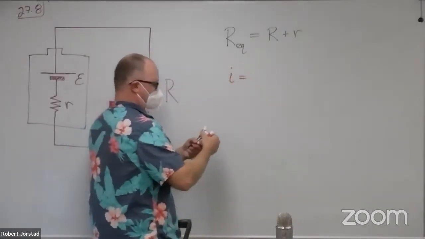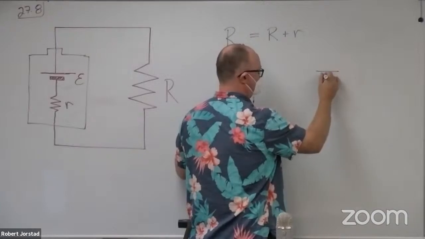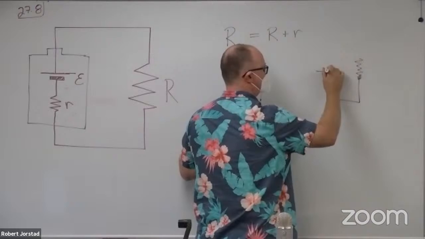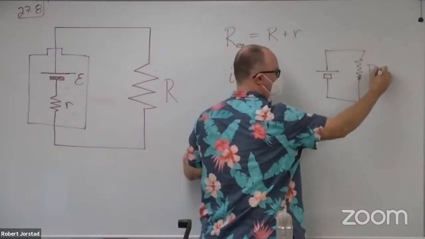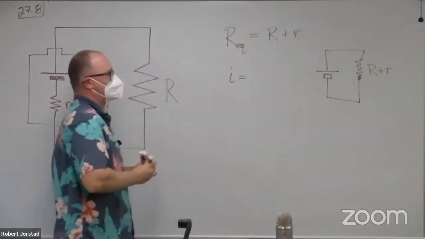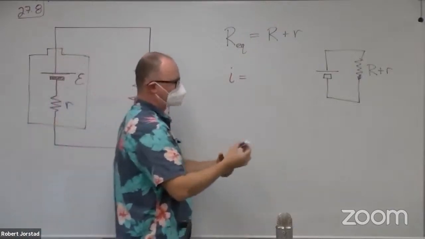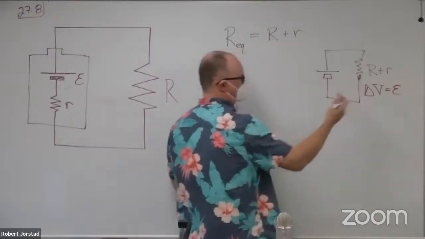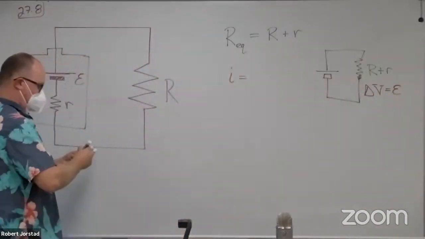Well, it might help if I draw the equivalent circuit here. The idea is this would be R plus little r. What's the voltage across that equivalent circuit? Now it's the ideal battery voltage across that. So what's the current?